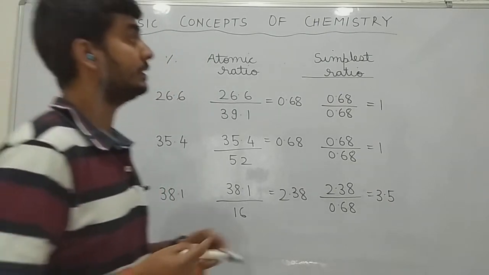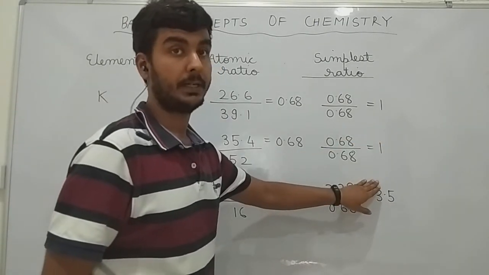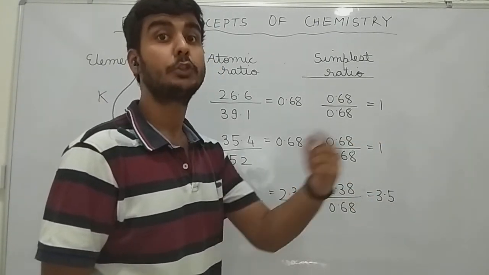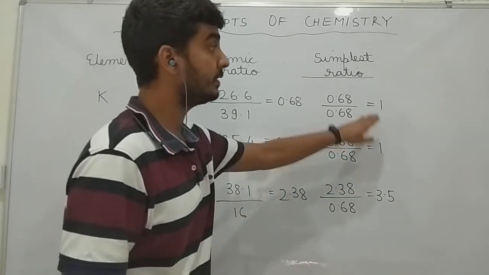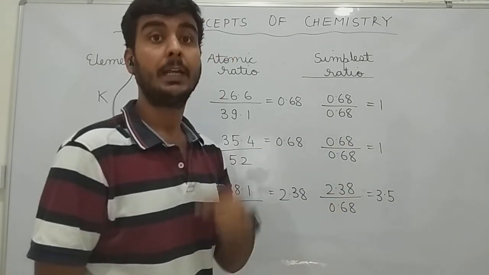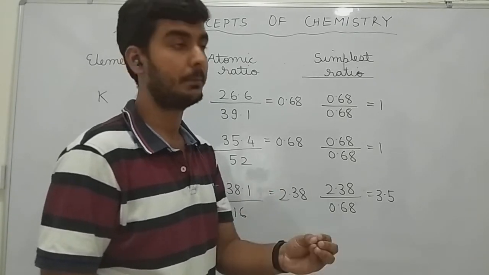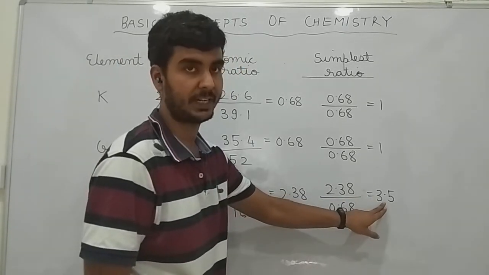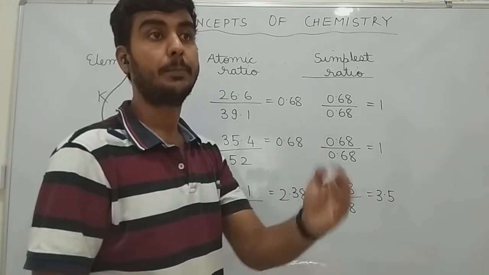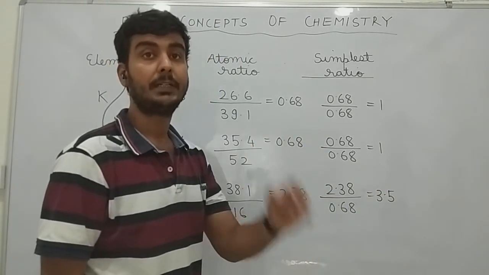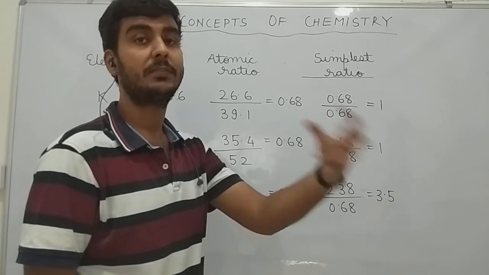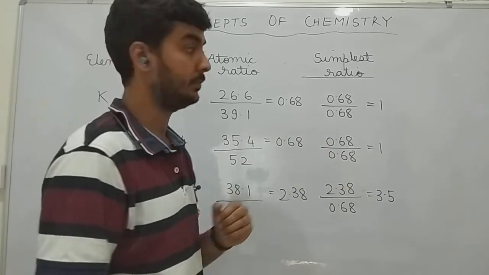So we have got the simplest ratio, but we have to get the simplest whole number ratio. This is the simplest ratio, but in the case of empirical formula, we have to obtain the simplest whole number ratio. As you can see, this is a fraction, so we cannot report any element in the empirical formula with a fractional number of atoms.